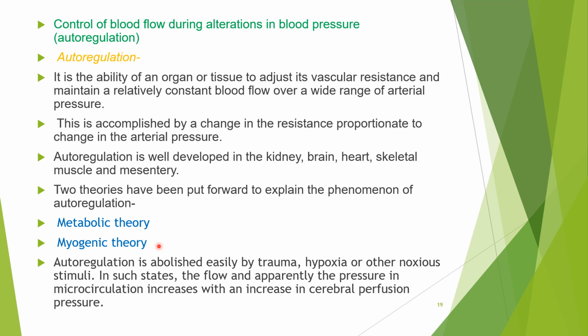Then because of that stretch, what happens? The vascular smooth muscle will contract and return to the previous size. So that's how the muscle, that is myogenic. What is that muscle? Vascular smooth muscle. How is it controlling the cerebral circulation? So an increase in the arterial pressure initially stretches the smooth muscle fibers. In response to that stretch, vascular smooth muscle contracts and returns the wall tension to the normal levels.